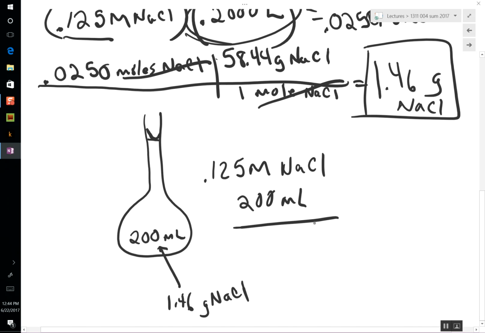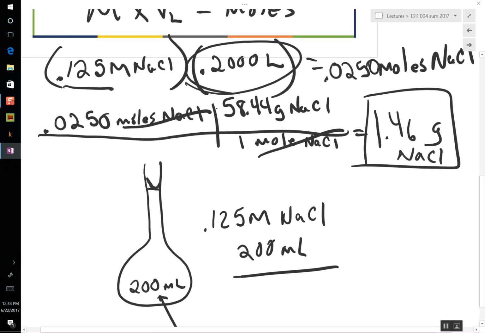Okay? So that is a standard laboratory problem. Anytime you want to make a particular solution, you have to figure out how much of the solute to start out with. And that's how you do it.